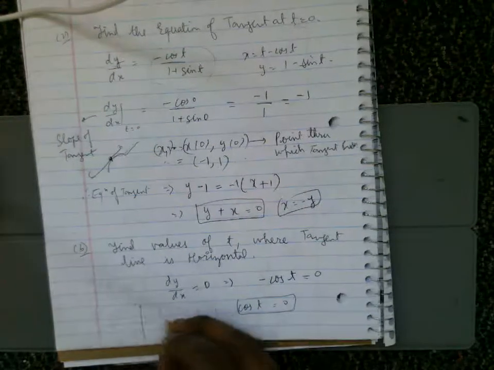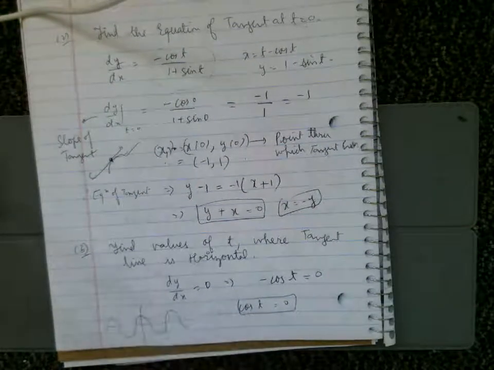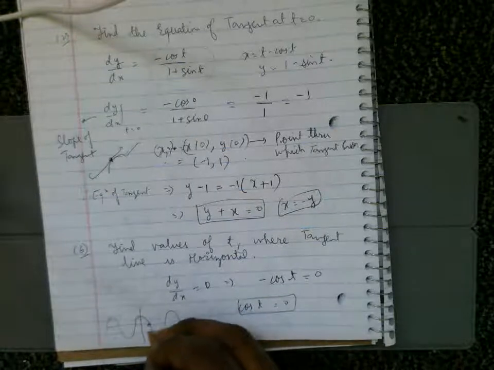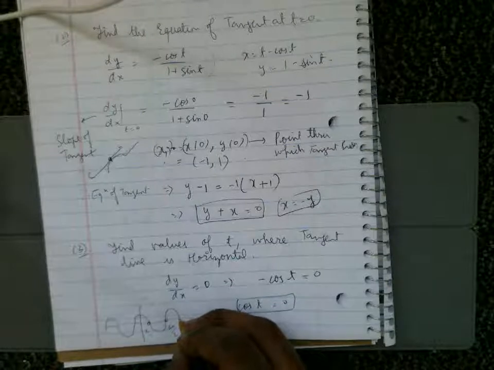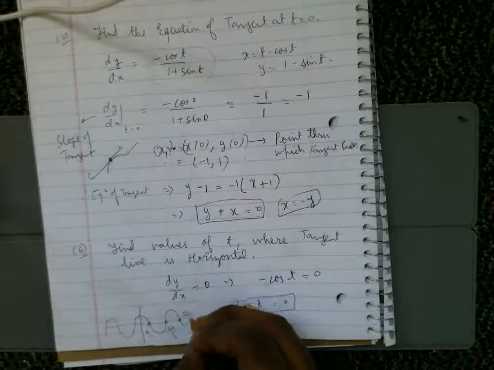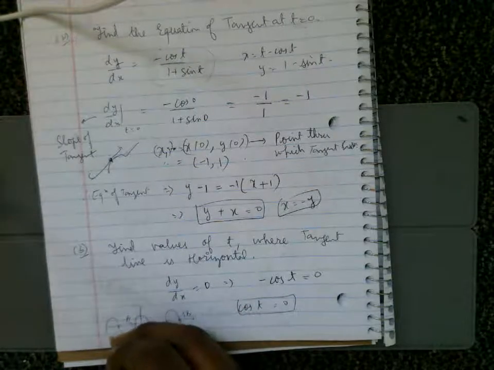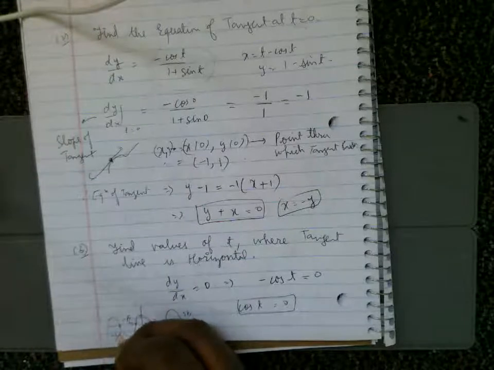So cos t is 0 whenever... let's look at the graph of cos theta. This is the graph of cos t, and it is 0 for pi by 2 and 3 pi by 2, and this is 5 pi by 2 and so on. And this is minus pi by 2 and so on, and this is minus 3 pi by 2.